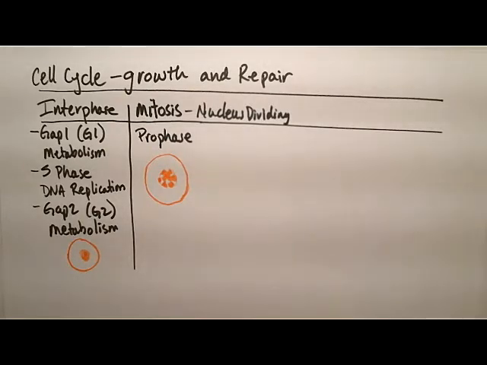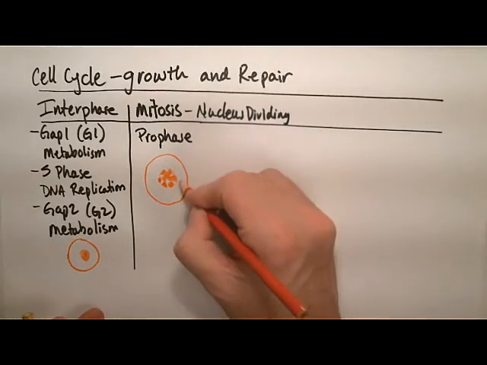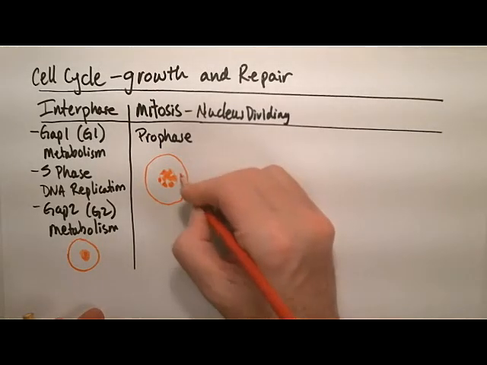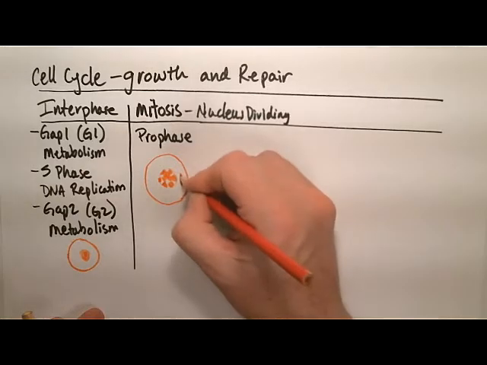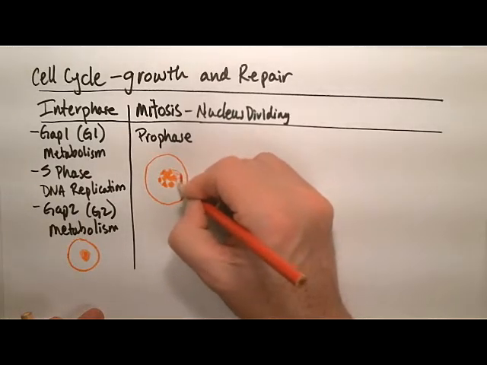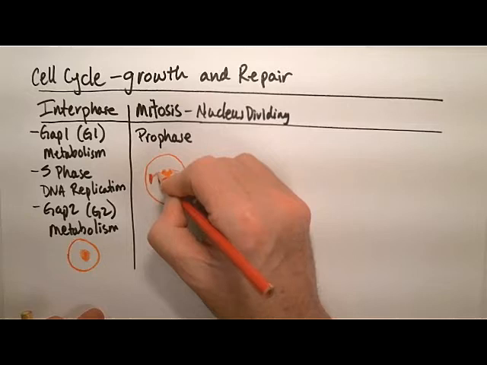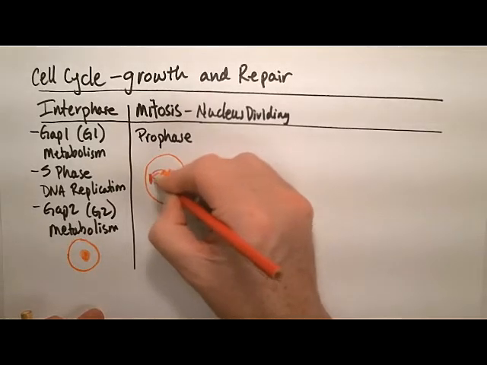The spindle apparatus, which is a special protein, a special fiber, is going to start, this is an animal cell, growing and growing towards each one of these chromosomes here. And I'm going to draw another centriole here on the other side.